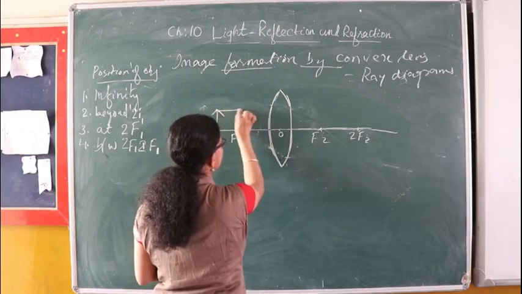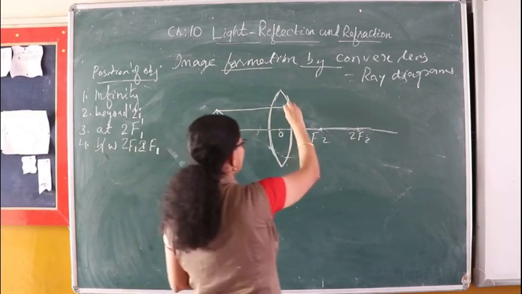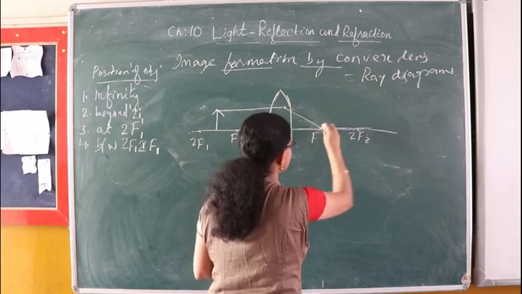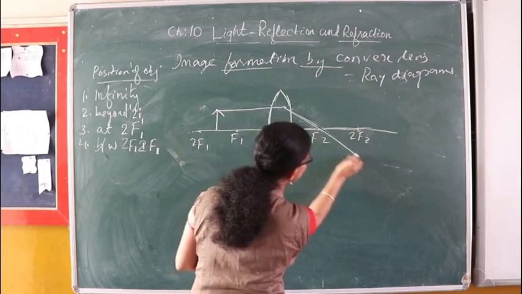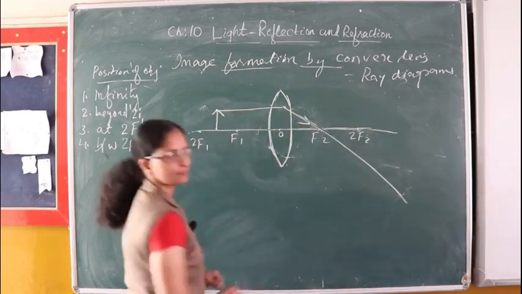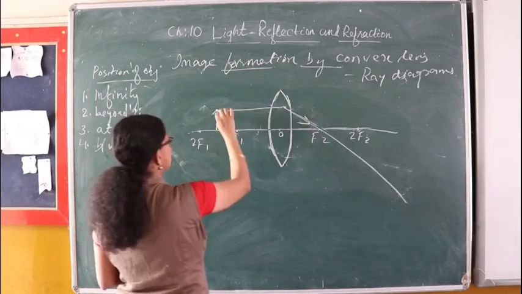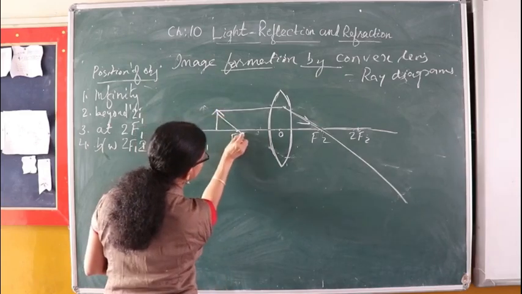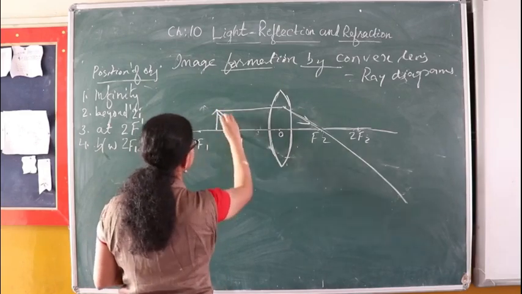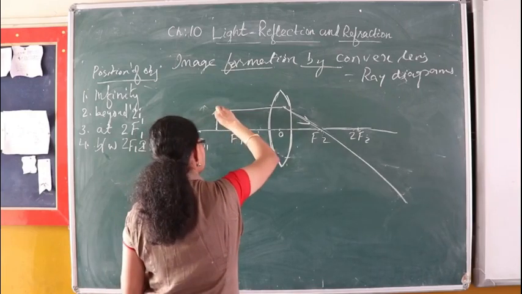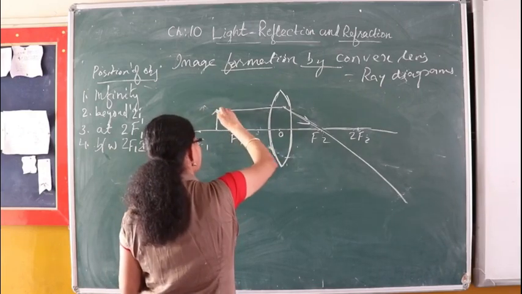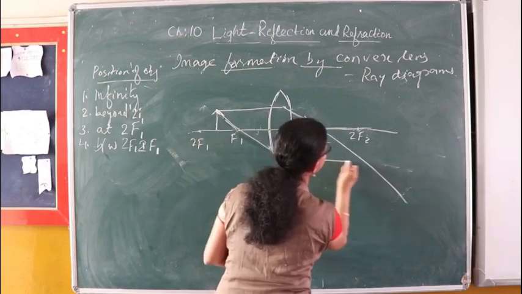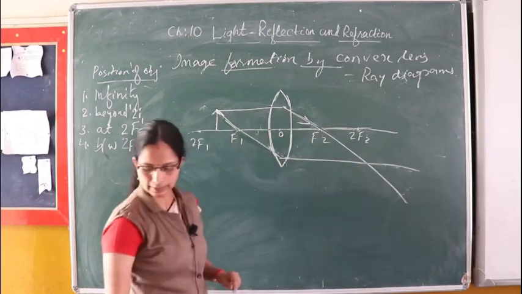The ray passing parallel passes through the principal focus after refraction, and a ray striking through the principal focus, we can see it is passing parallel to the principal axis.